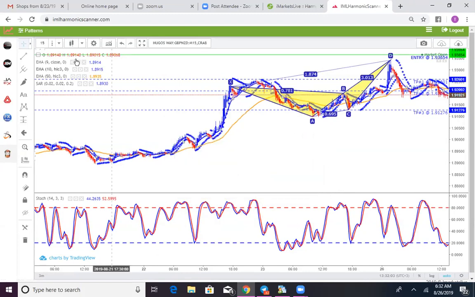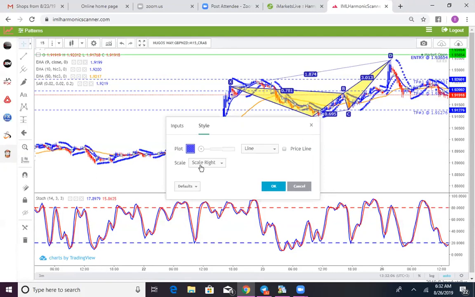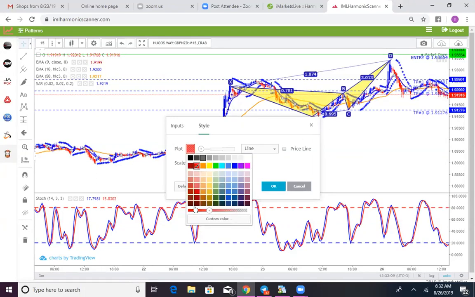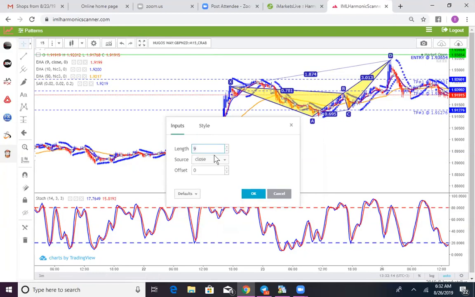And the last one is red. And this is a 4.